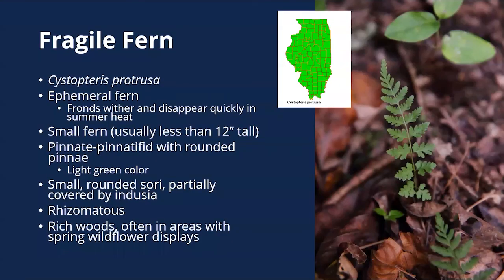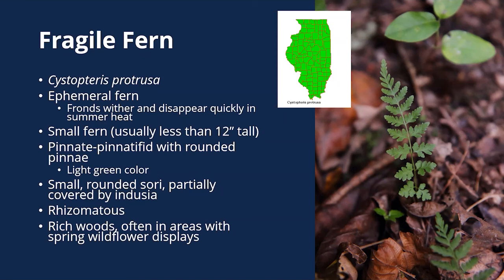Another one out there that is a spring fern that you'll find right now, because it tends to wither away as the summer heat approaches, but it really co-occurs with a lot of wildflowers, is fragile fern. Fragile fern is usually less than about 12 inches tall, pinnate pinnatophyte with really rounded pinnae, really light green in color, with small rounded sori on the underside that are partially covered by an indusium.